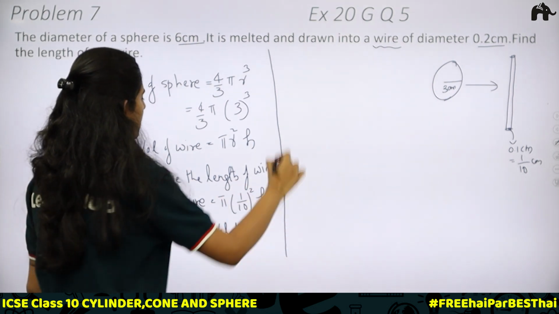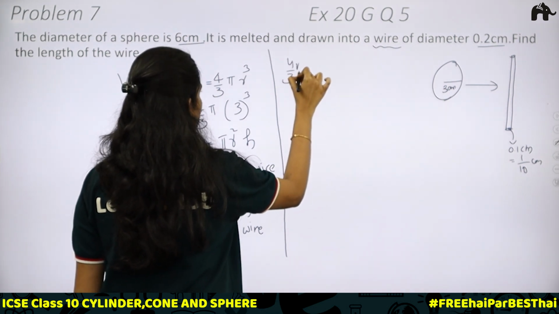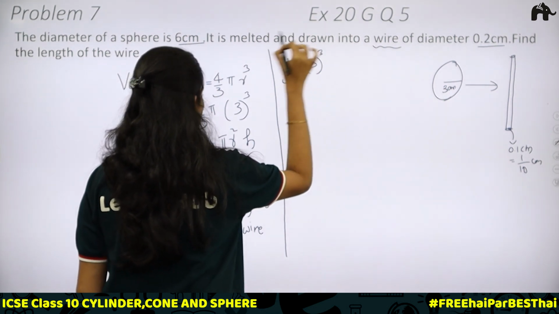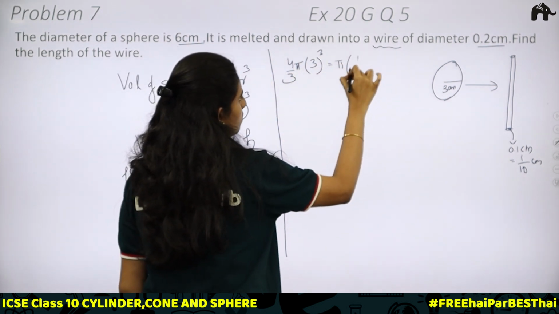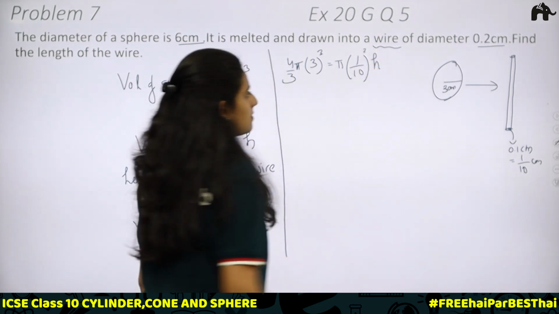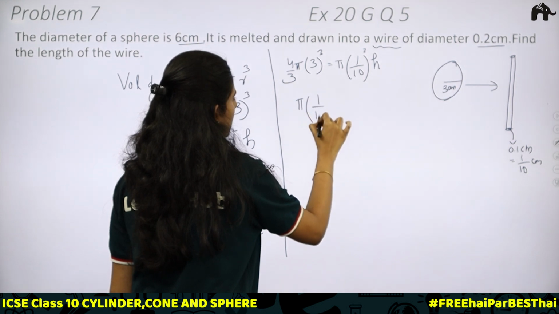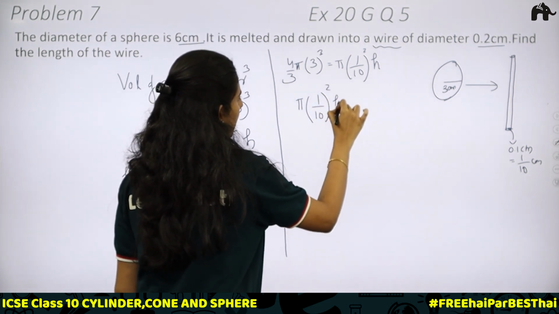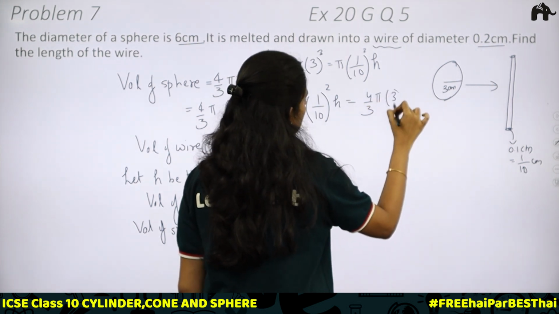Volume of sphere, that is 4 by 3 pi 3 cube will be equal to volume of wire pi into 1 by 10 square h, or pi into 1 by 10 square h is equal to 4 by 3 pi 3 cube.